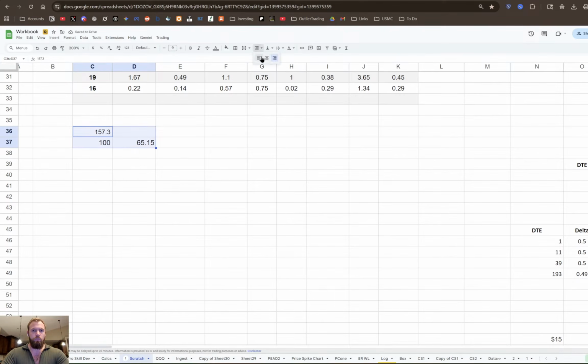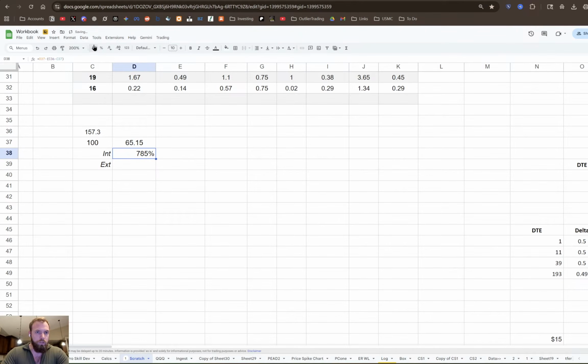If we look at this scenario, we can easily see how far in the money your option is, so we can break down your value. You'll have intrinsic, and then you'll have extrinsic value in this option. Your intrinsic value is simply how far in the money your option is. In this case, your option is 57 points in the money.